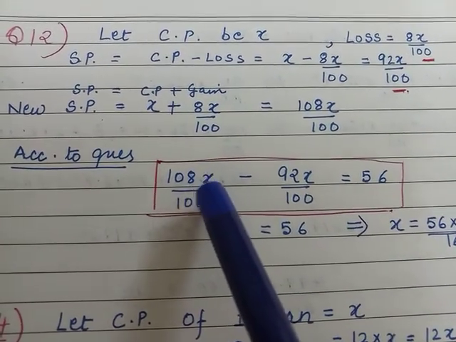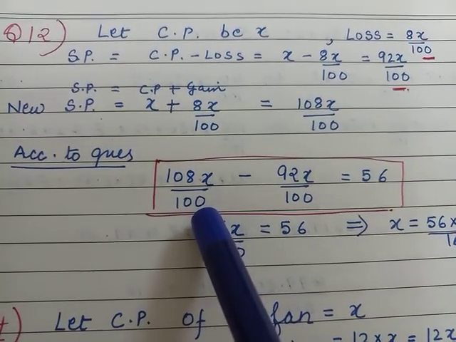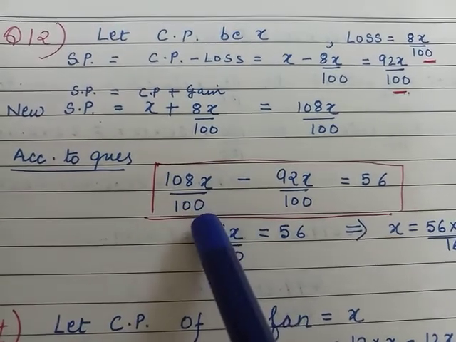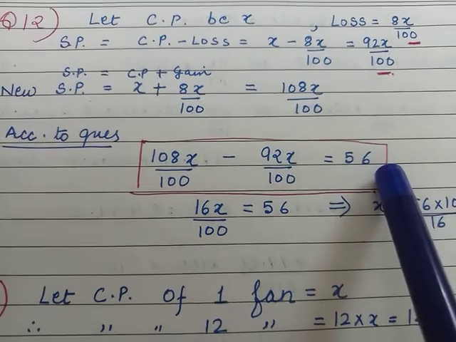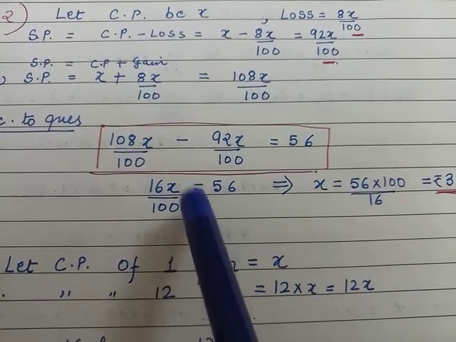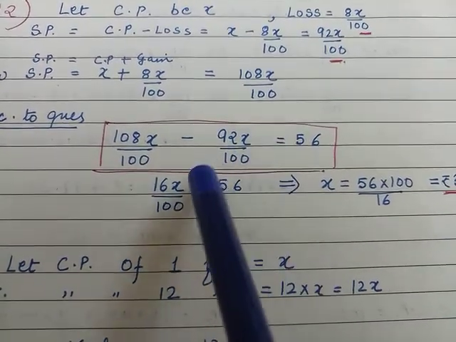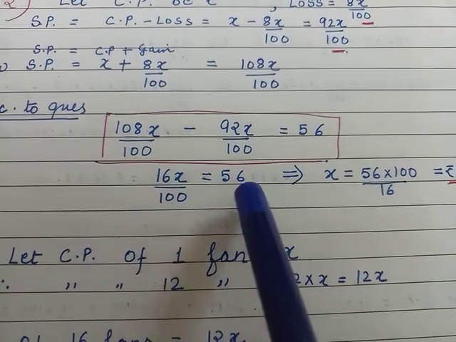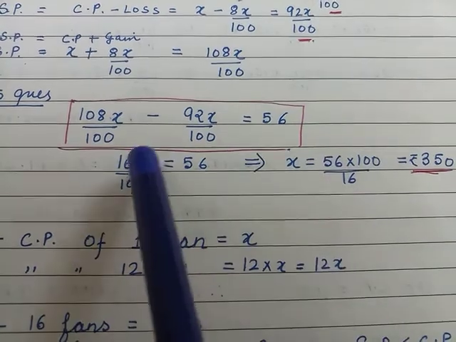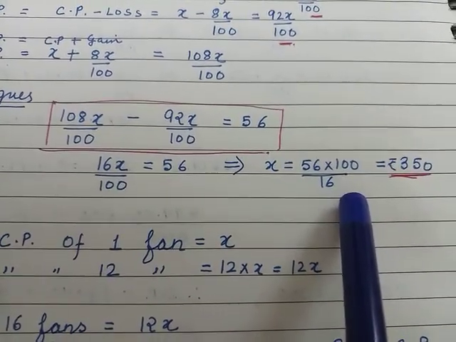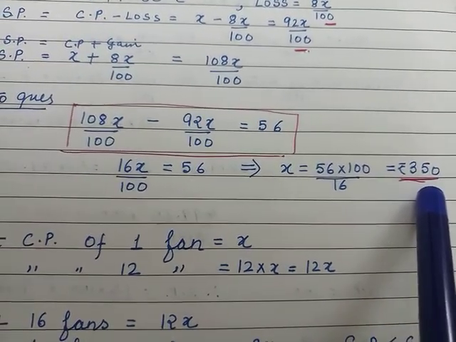So we write 108x upon 100 minus 92x upon 100, that is equal to 56. And we calculate 100 minus 92 will give you 16x upon 100 is equal to 56. So x is equal to 100 multiplied and 6 comes in the denominator. So that becomes 350.